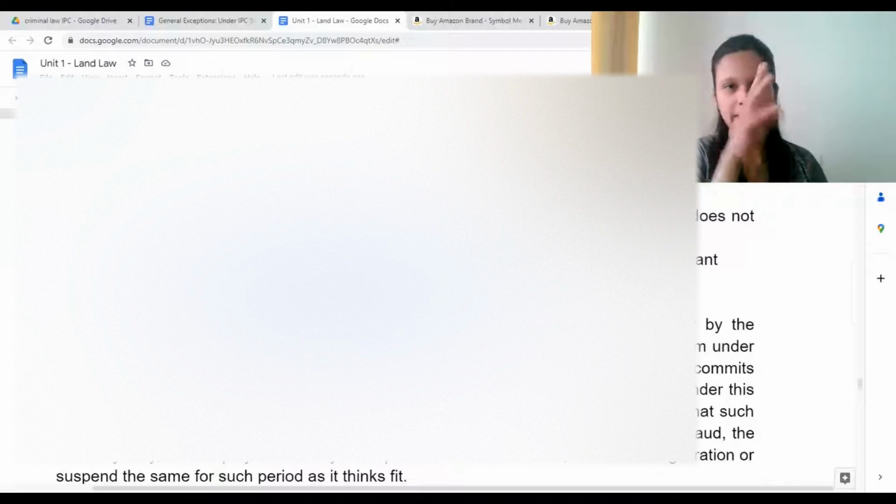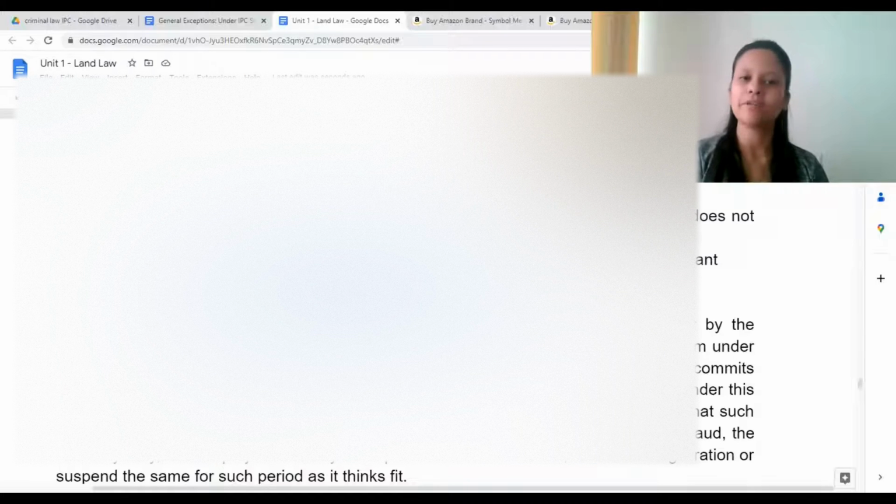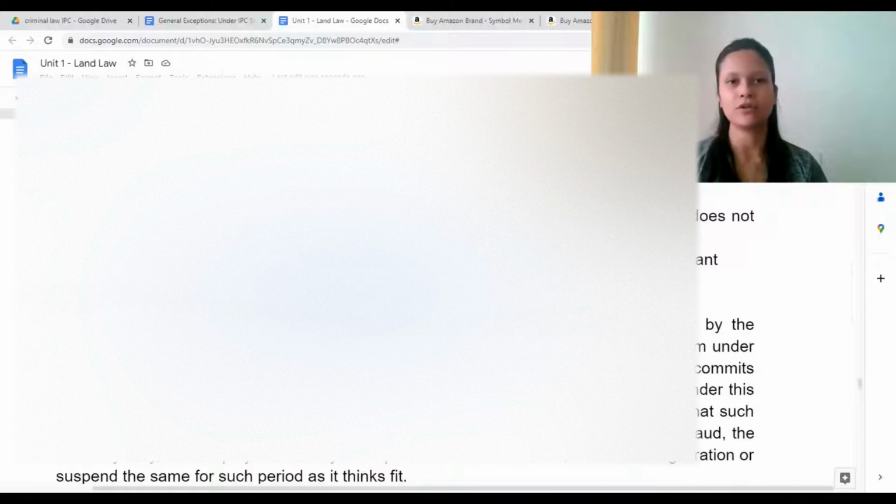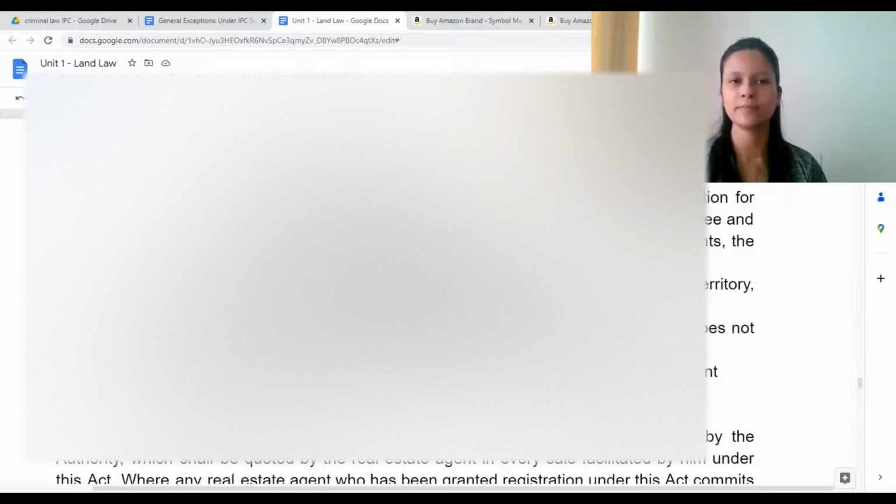The agent would be given an opportunity to explain his point, and after that they can take the decision. If they are still not satisfied, they can reject it. If the person is able to satisfy the authority, then he may get registered. Okay, is this part clear? Clear.